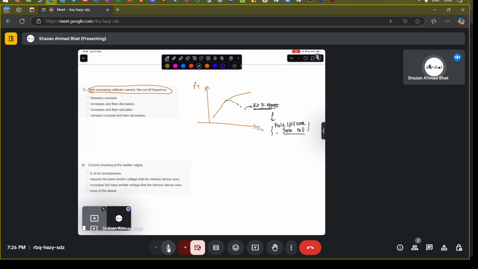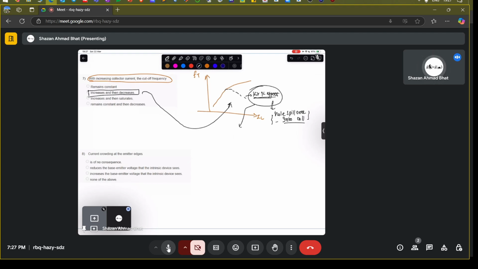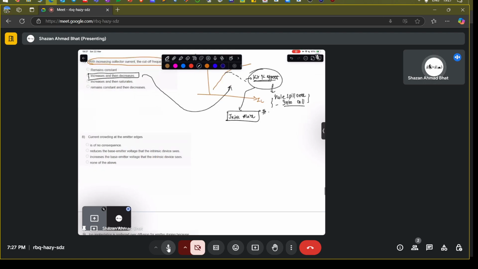That means it increases initially, then it decreases. Why? Because of this particular reason we have discussed. So this Kirk effect is detrimental. That's why you want the Kirk current, the current at which the Kirk effect comes into the picture, to be higher. Okay, so that is the fundamental thing.